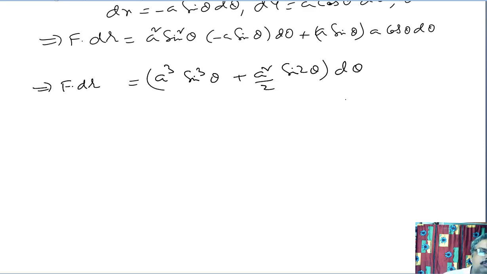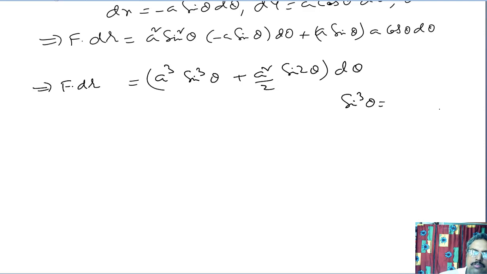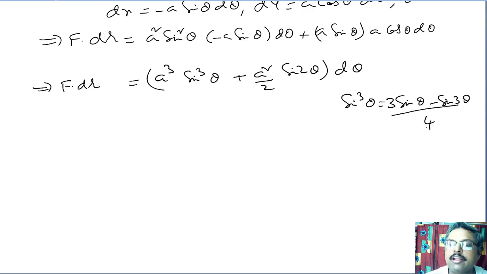Now what is sin cube theta in terms of sin 3 theta? Sin cube theta can be written as 3 sin theta minus sin 3 theta by 4.